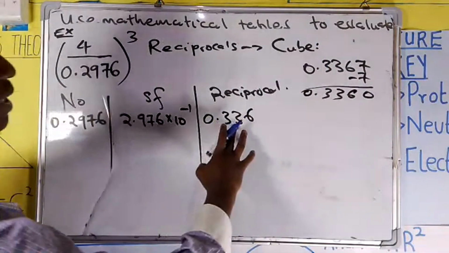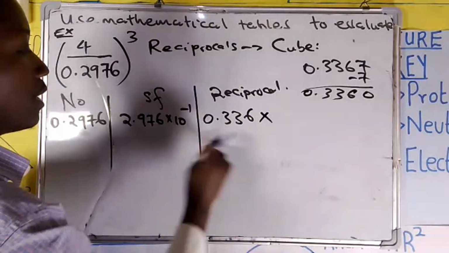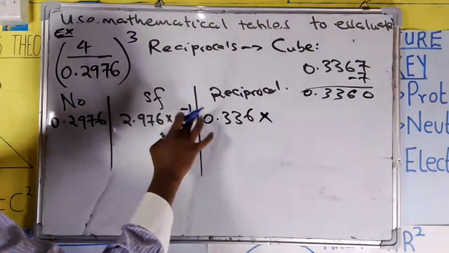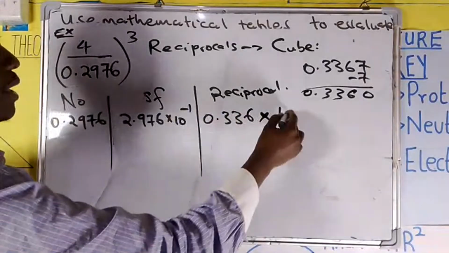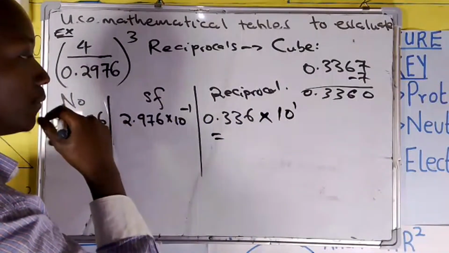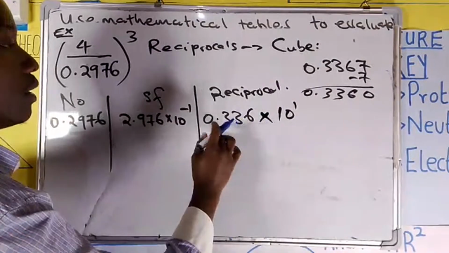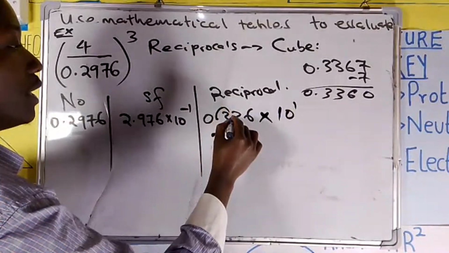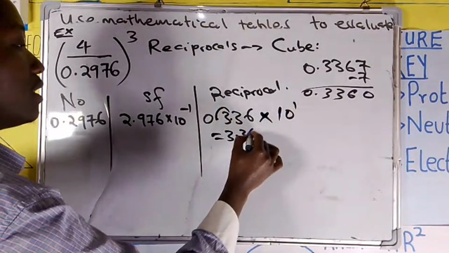So it will be 0.336 times the reciprocal of 10 to power negative 1, which is times 10 to power 1. When you multiply by 10, you will get 3.36.